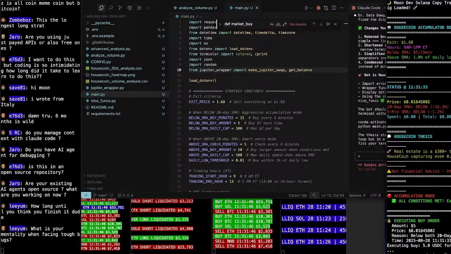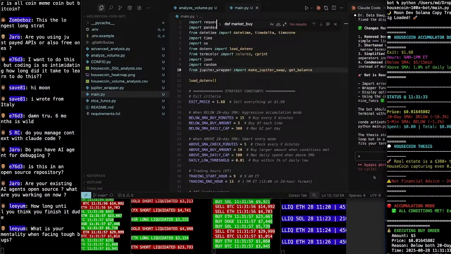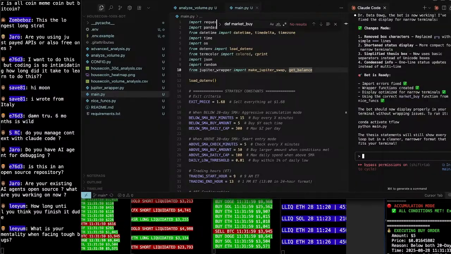Thesis: real estate is a $300 trillion market. Not financial advice. Do your own research. We can actually remove those lines here.